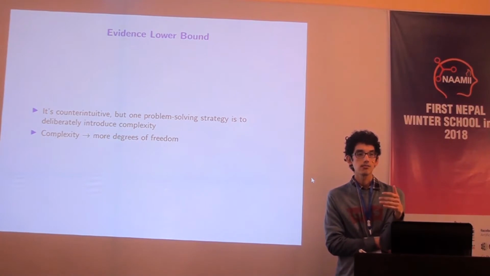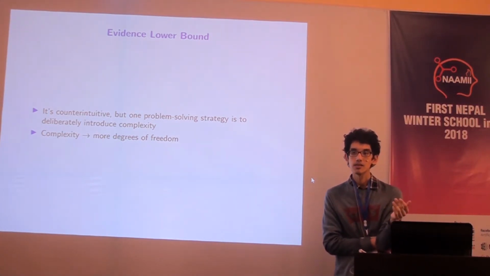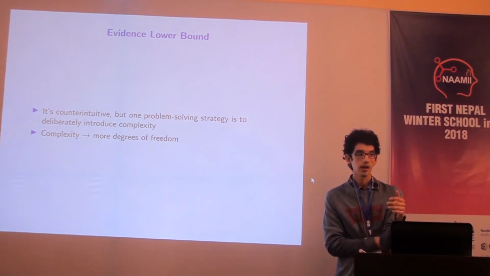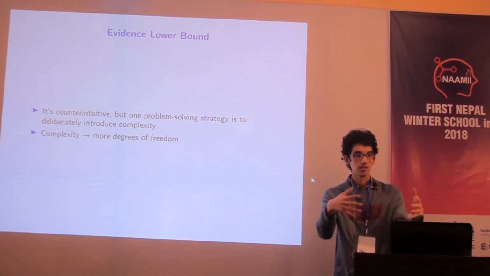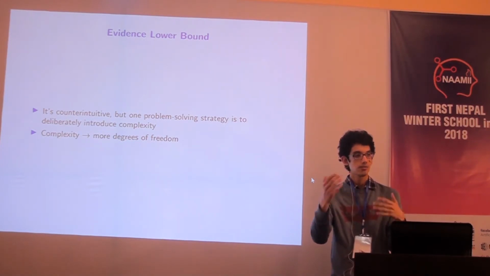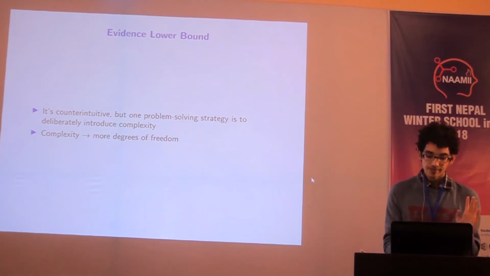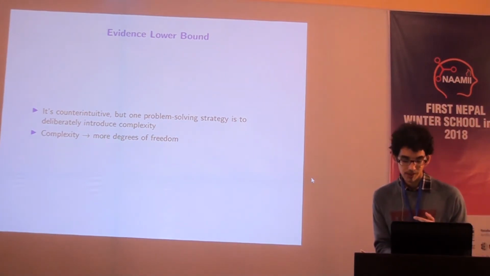The way you can give yourself more room is a little bit unintuitive, but you add more complexity to your model, or you add more complexity to your derivations. Once you add that complexity, it gives you some more space, and once you have the space, then you might find a way forward. So that's what we're going to be talking about now.